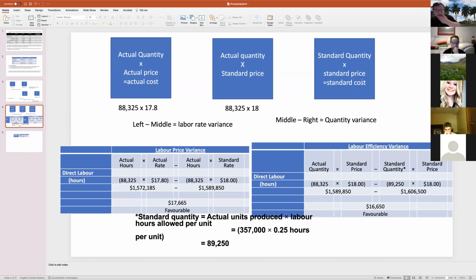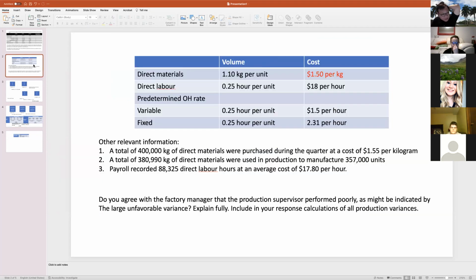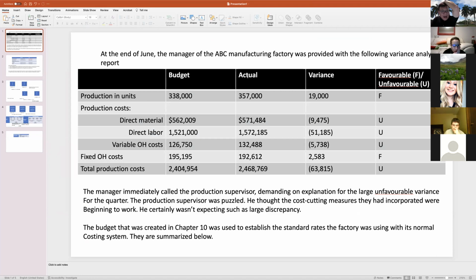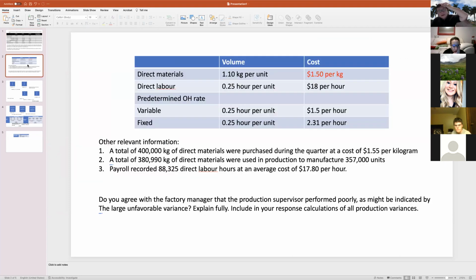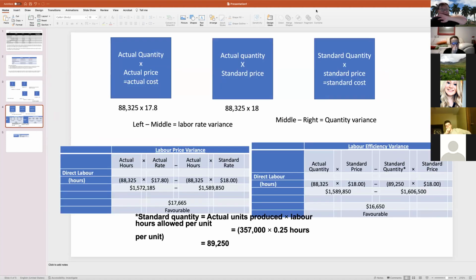Now moving to the right. What is the standard quantity? We know the standard rate, that's $18 per hour. What about the standard quantity? That's where we got it from here. Again, your actual level of activity is 357,000. And each unit, you're going to need 0.25 direct labor hours.